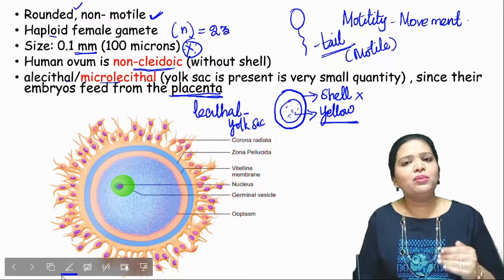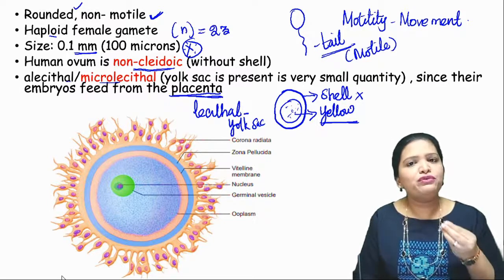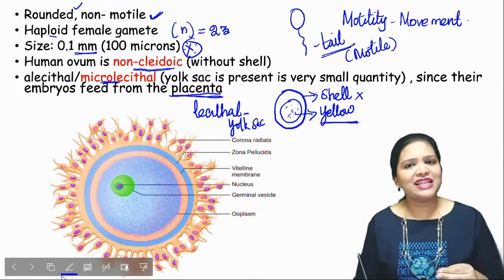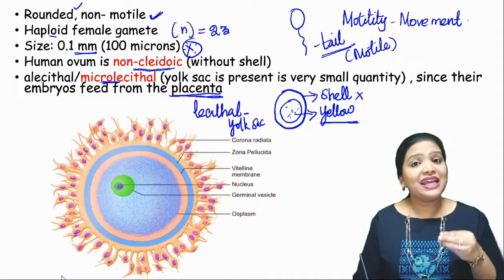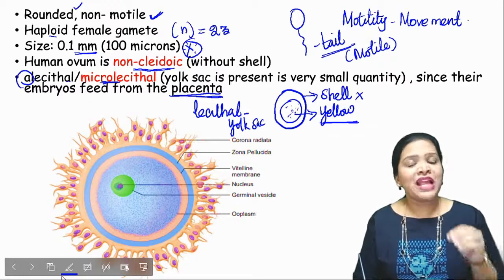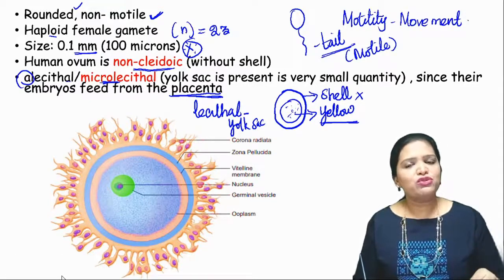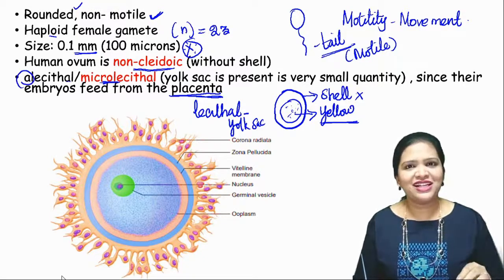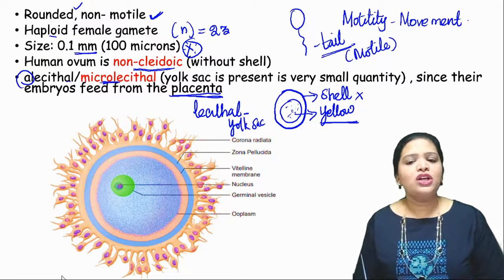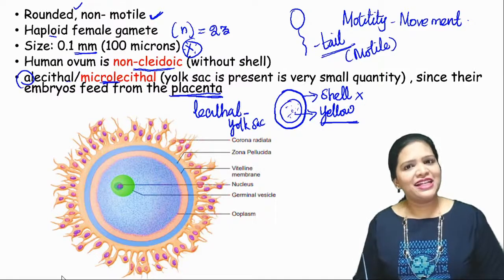That's why the human egg has a very minute quantity of yolk, and it is called microlecithal. Micro means very less. Sometimes we call this alecithal also. A means absence. Actually, yolk is there, but in very less quantity, so we call this microlecithal, whereas some books mention this as alecithal. Okay. So the human egg is microlecithal or alecithal in nature.